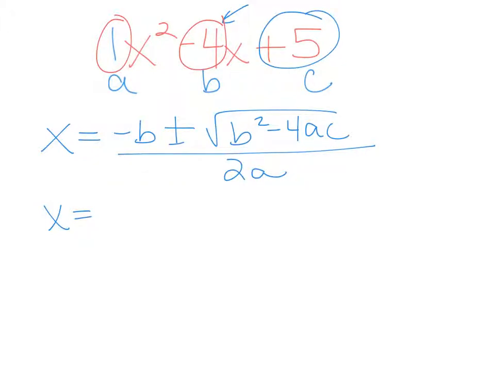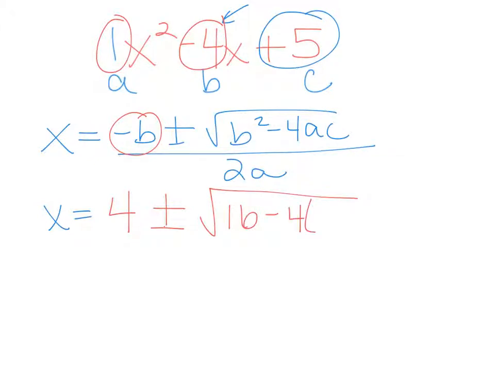If I take the opposite of b, since b is already negative 4, I'm going to put in a positive 4 there. Plus or minus the square root of negative 4 squared, which is 16, minus 4 times a is 1 and c is 5. And I divide that by 2a, 2 times 1, which is 2.